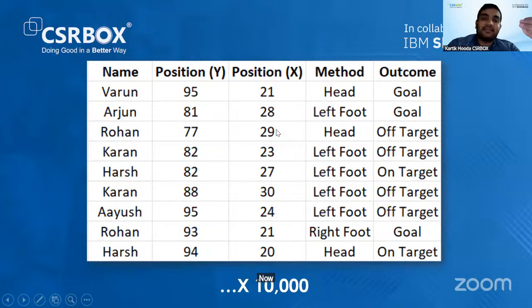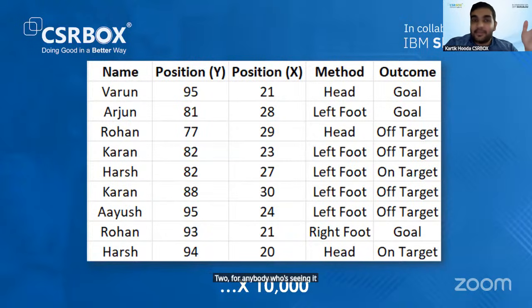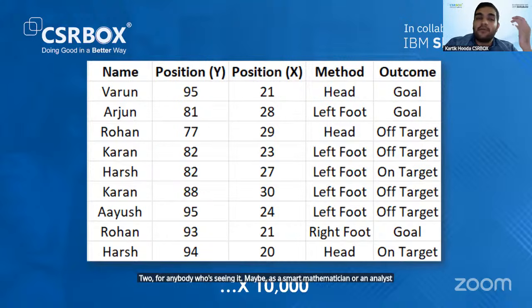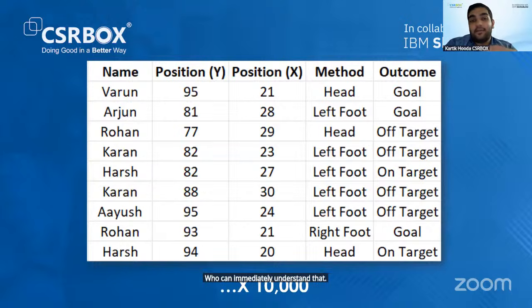Now you see, imagine tens of thousands of rows of this kind of data, which doesn't prove beneficial to anybody who's seeing it. Maybe as a smart mathematician or an analyst, maybe you are one of those genius minds who can immediately understand that. Although I am not, I would accept. But if we just use this very basic principle, this is not even complicated.